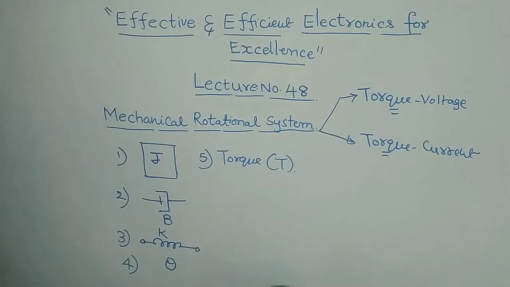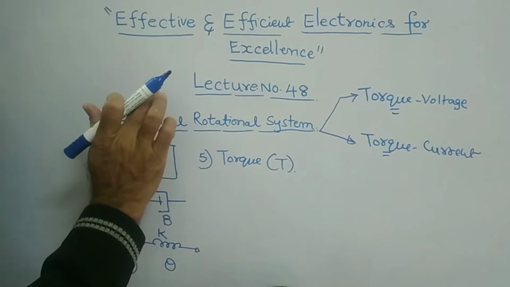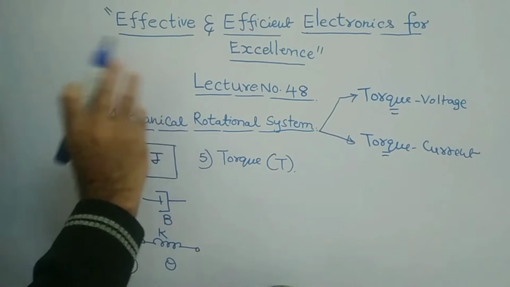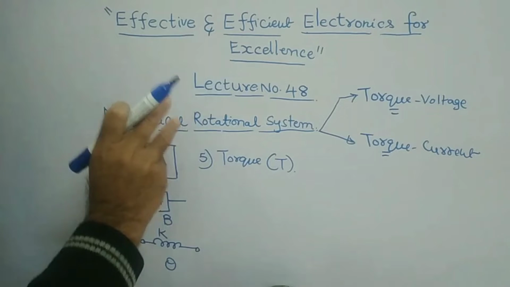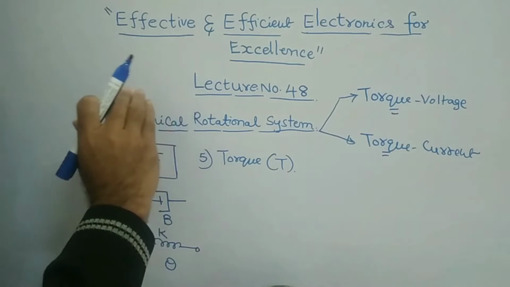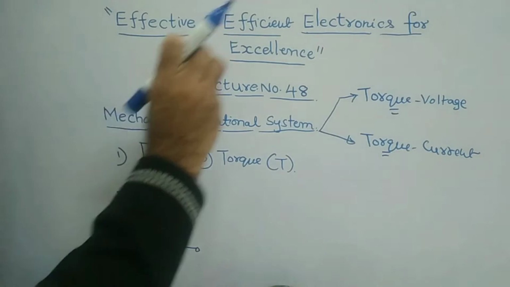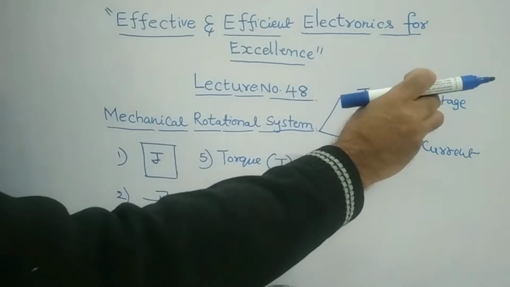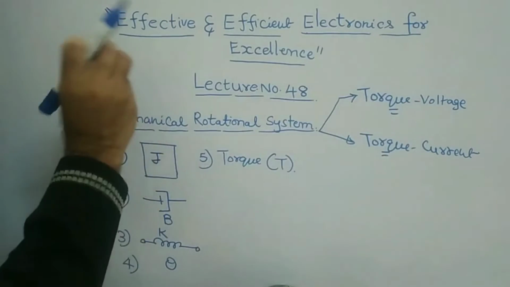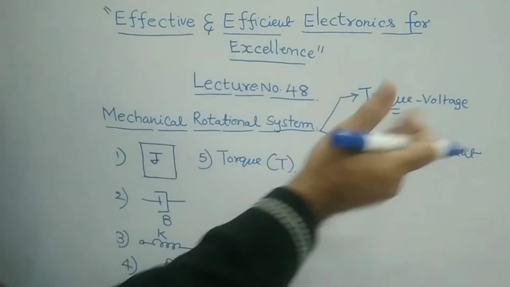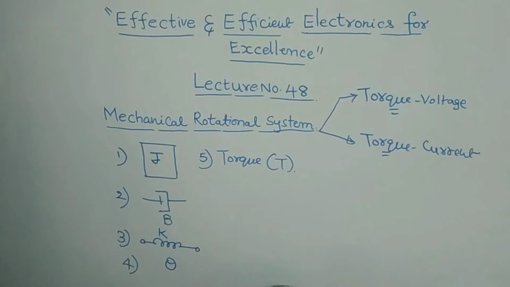Almost all equal. So whatever procedure we followed for the mechanical translational system's force voltage analogy is the same as the torque voltage analogy here for the rotational system, and force current equals torque current here.